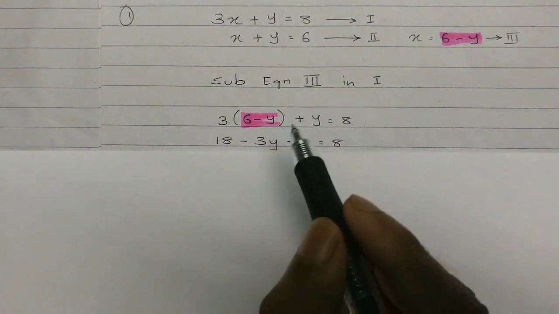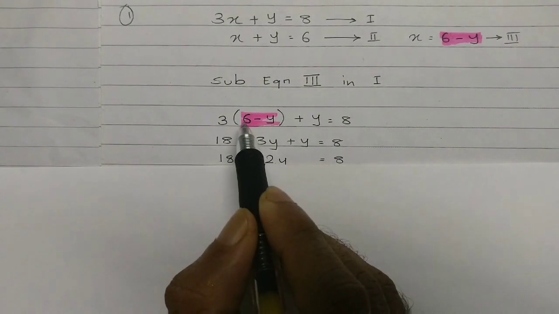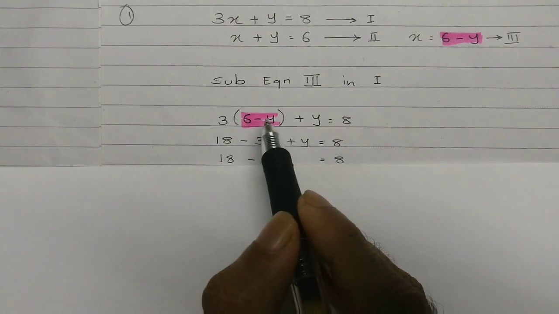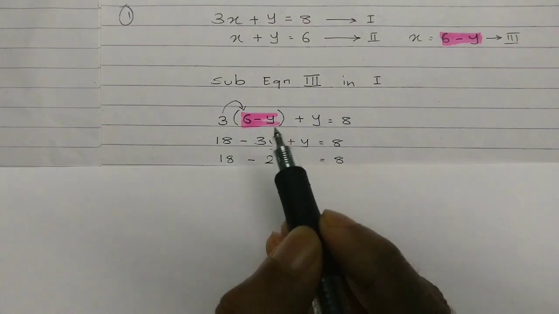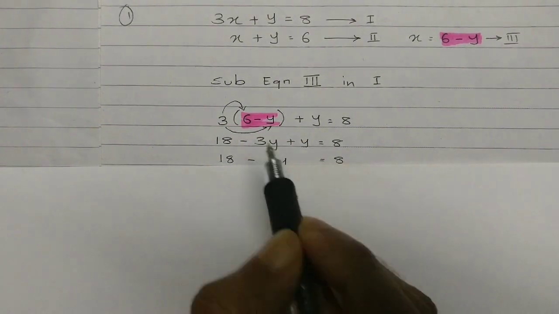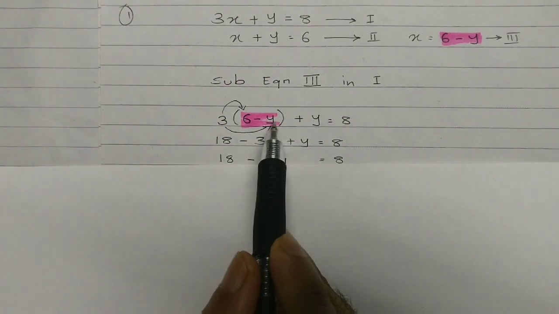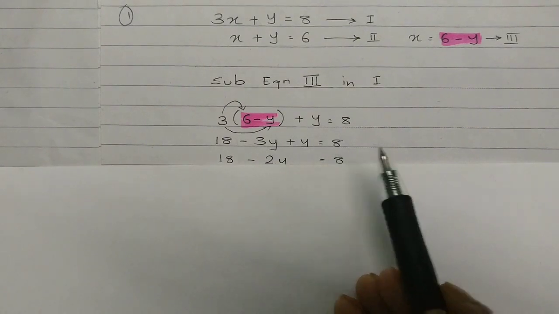Now I have to open this bracket up. You remember I was telling about a gift and there are two gifts inside. Unless and until I open it, I don't know what is there. So this 3 will be multiplied with 6 and also with y. So I will get 3 sixes are 18, and minus 3y, plus y remains as it is, equal to 8.